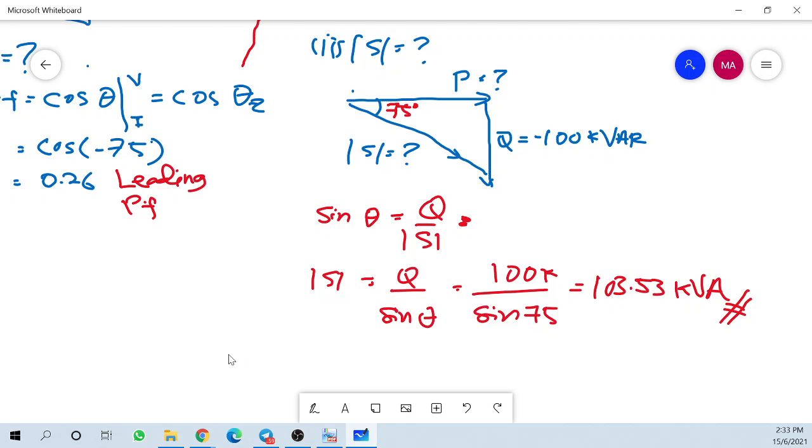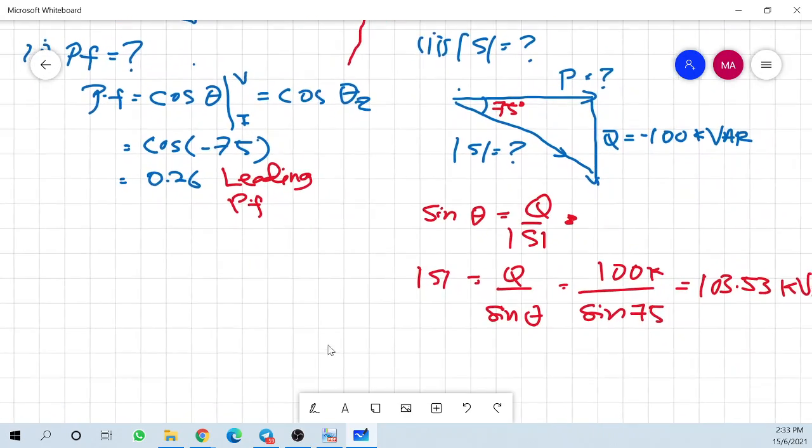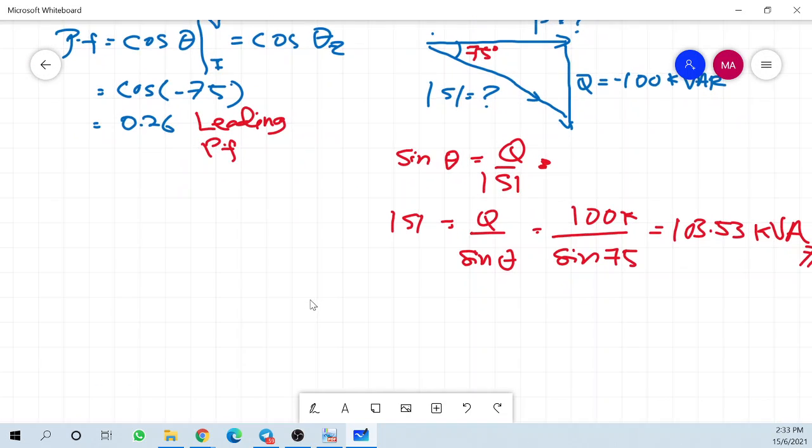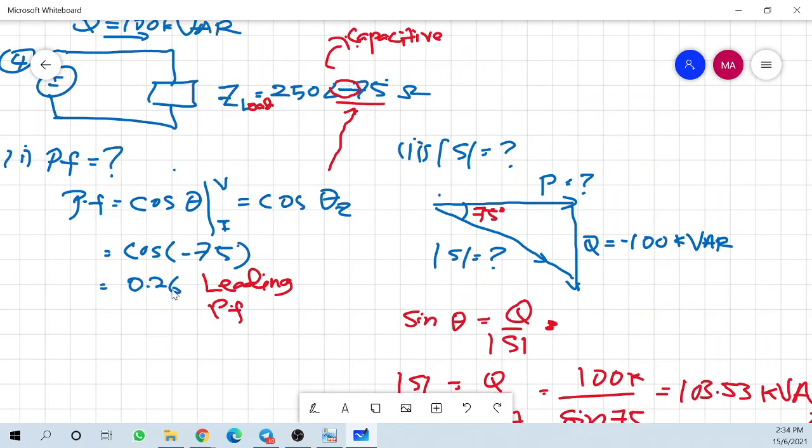Next question, question number 3, asks about the RMS voltage.